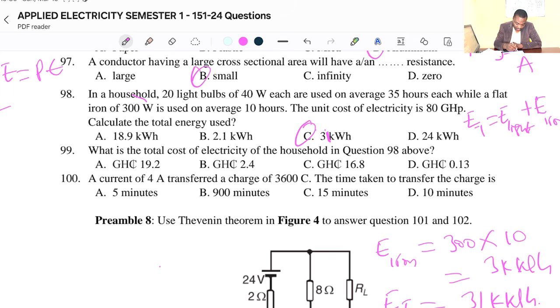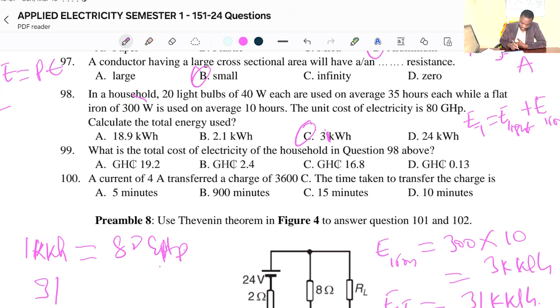Okay. Now, let's go to question 99. What is the total cost of electricity of the household in question 98? So, cost of electricity, we know 1 kilowatt hour, based on the question, you have to pay 80 Ghana pesewas.